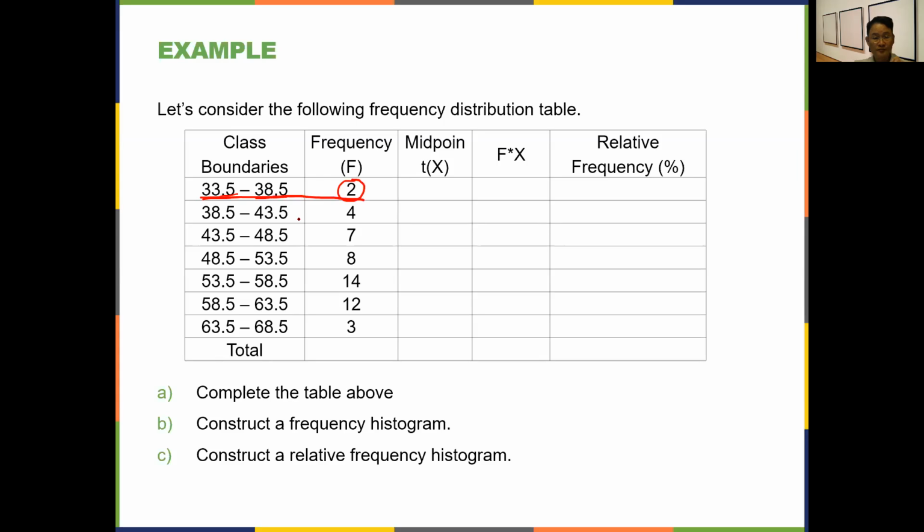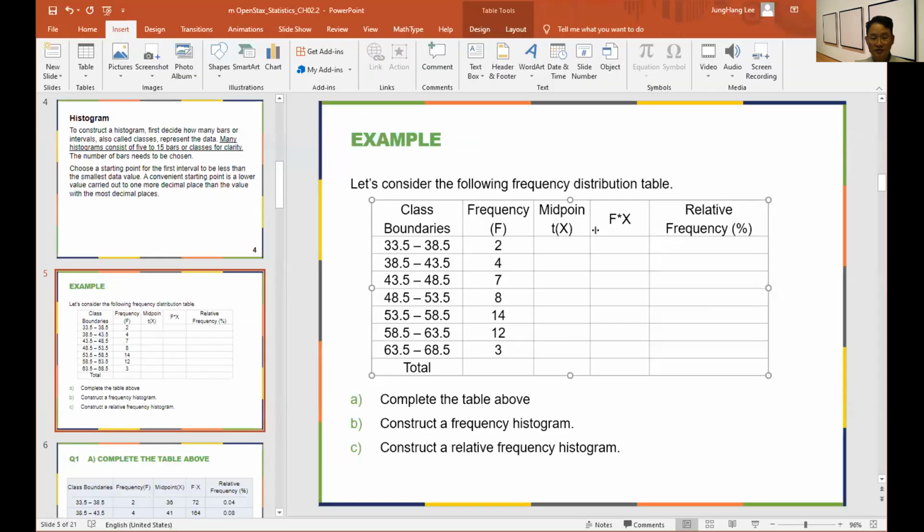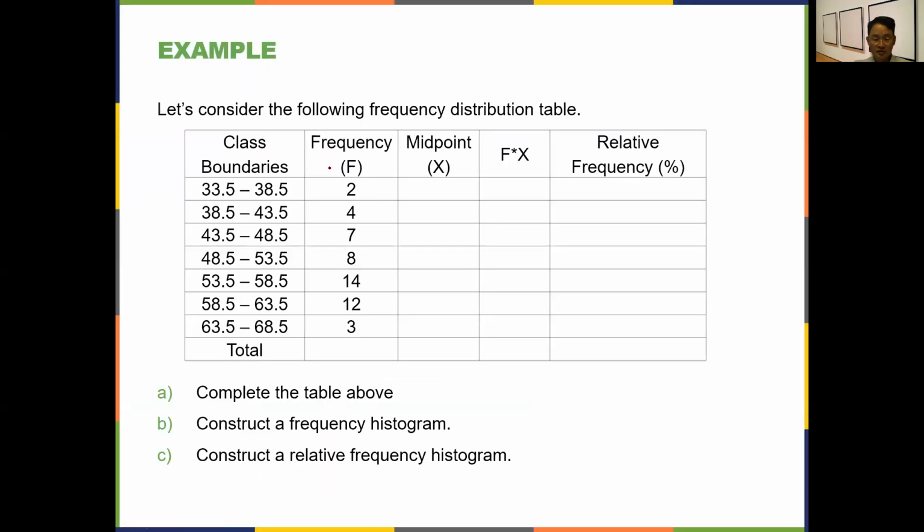That's what we know. Now that we moved the Y, this midpoint got moved again, so let me push this. That's better. Okay. So we know that there are two data points between these two values.